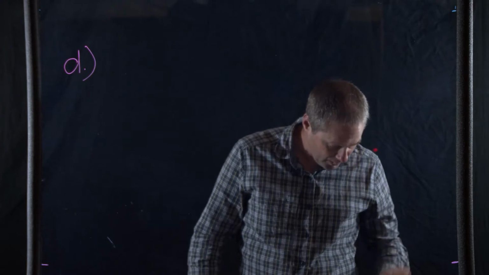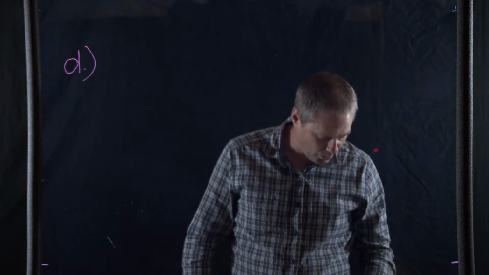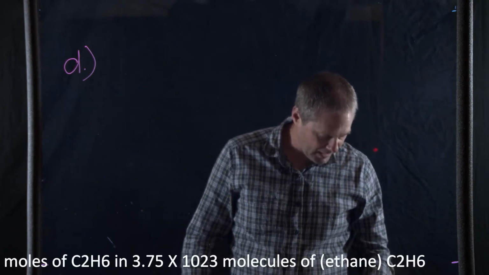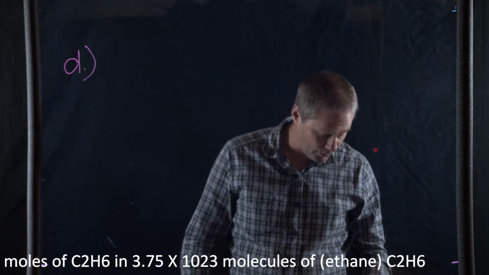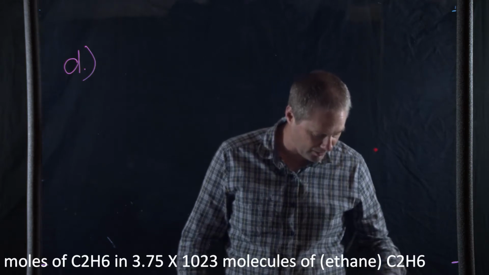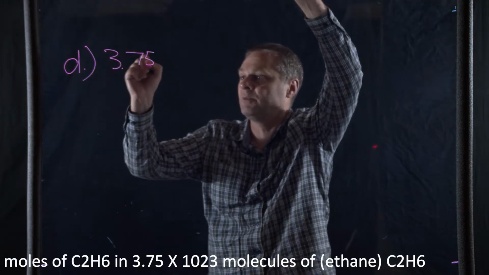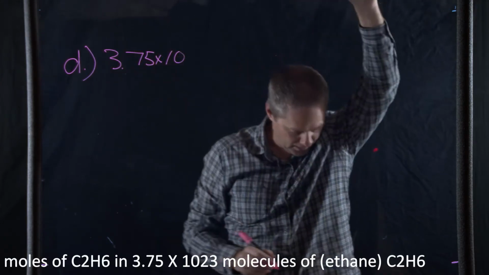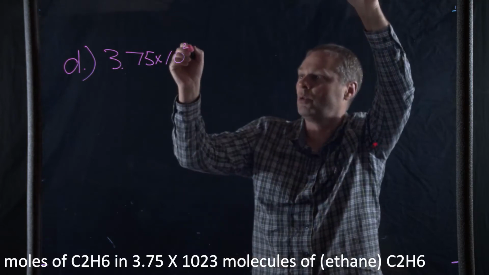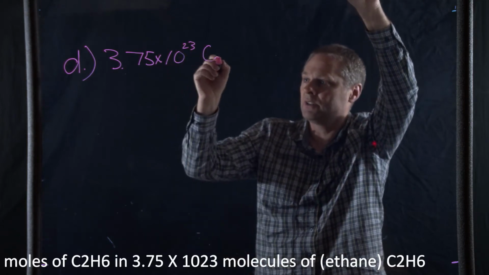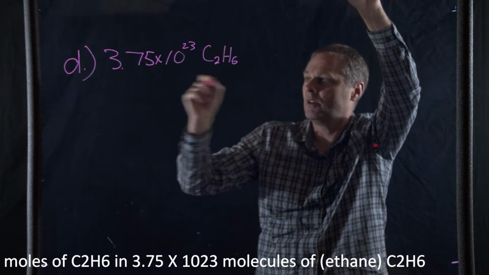Anyway, in this case, we have the moles of ethane in 3.75 times 10 to the 23rd molecules of ethane. So we're going to start out with 3.75 times 10 to the 23rd ethane molecules.